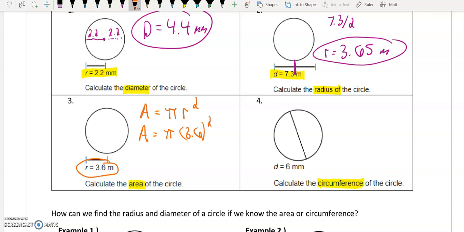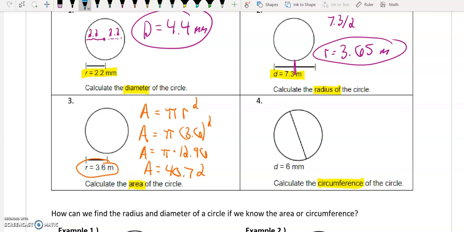Make sure that you actually square the 3.6 first. That should give us 12.96. Now we are ready to multiply that by pi. Make sure that you use the actual pi button and not 3.14. Use the actual pi button. And you should get yourself 40.72.